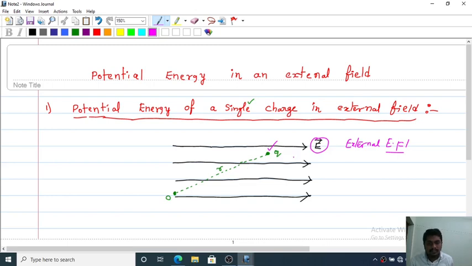So in this field I want to place a charge q at a distance r. Before you brought a single charge, there is an electric field already present. You have to do work against that electric field to place q at a position r.